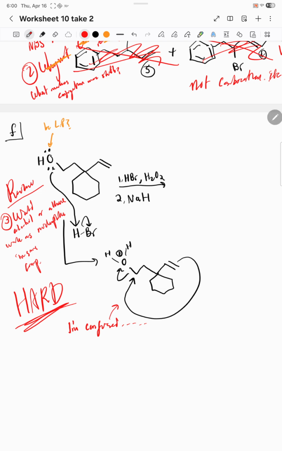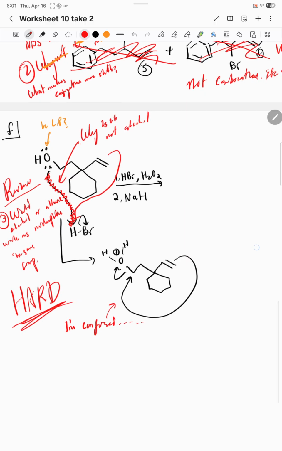We were wrong. It does not start with the alcohol because we do not want to see that leave. So our question now should modify to: why is it not the alcohol? Because matter of fact, it's actually the alkene that functions as the attacking molecule, our nucleophile. If that were the case, then now everything falls into place.